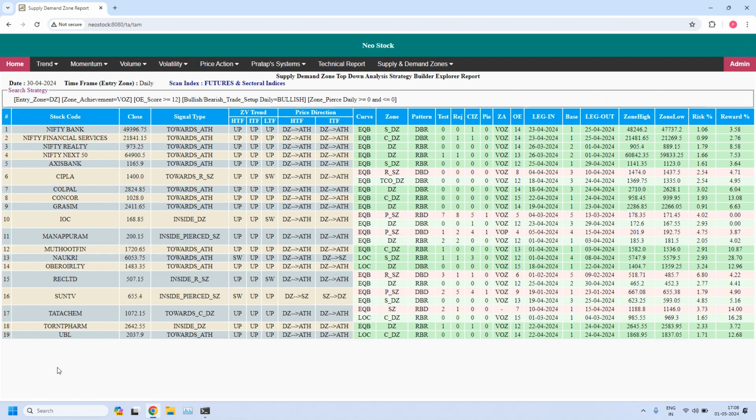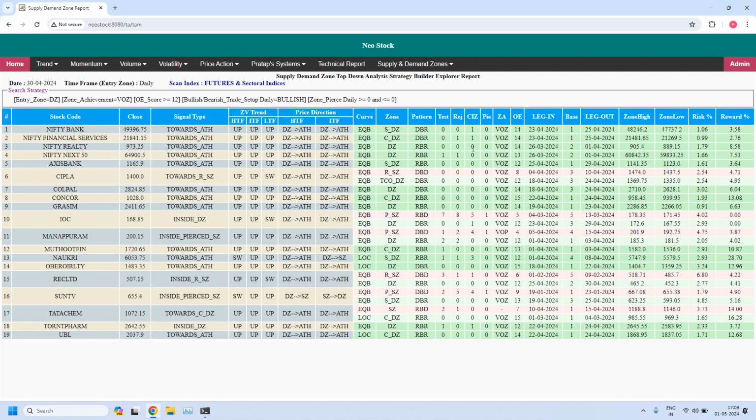So what you can do based on risk management is check the stocks that are having a good RR. You can also draw the zones using the columns leg in, the timestamp, base, number of candles and leg out. See all these dark green color, that means bright green color, they indicate all-time high zones.